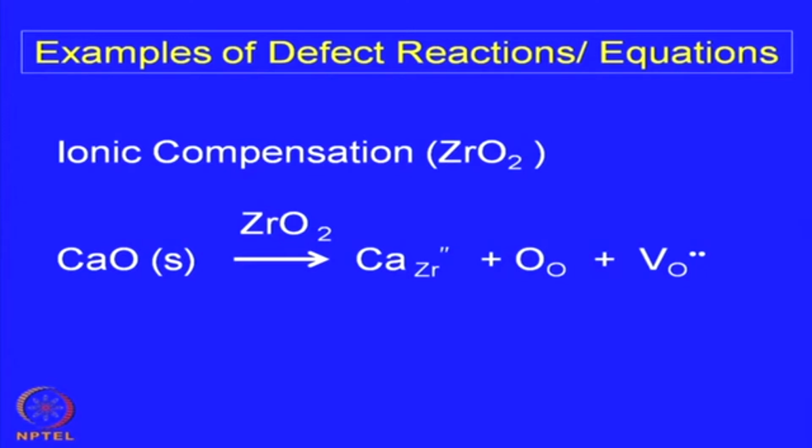So, if one of them is not there or is available in less quantity than the other, then there is a charge imbalance. To neutralize the charge imbalance, there has to be some charge compensation. Now, we have already seen that the metal ions get either decreased or increased in their valency, depending on the nature of the non-stoichiometry and the nature of the defect.